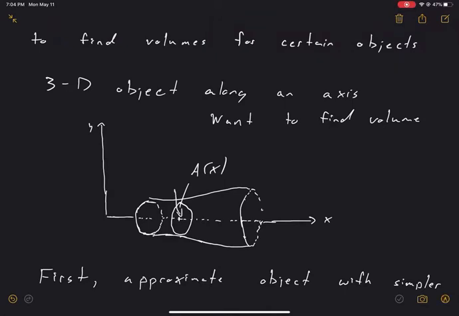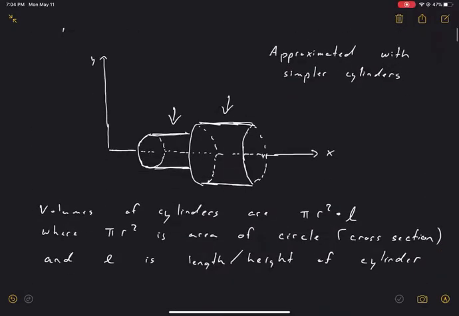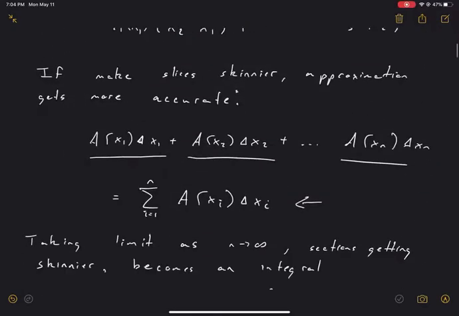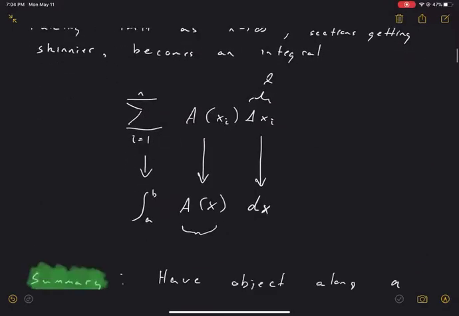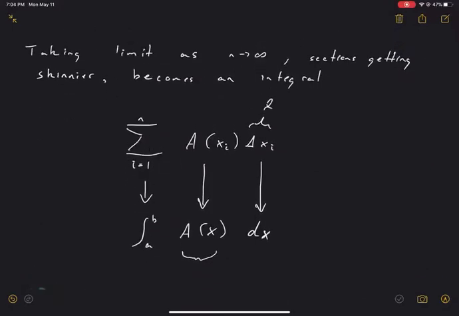And then if I move out this way to this cross section, that's going to have a slightly bigger surface area, right? So this surface area depends on x, which is why we write it as a function of x, this capital A of x. Okay, so that's what this A(x) is. And then we're integrating that function along the length of my object, and that should give me the volume.